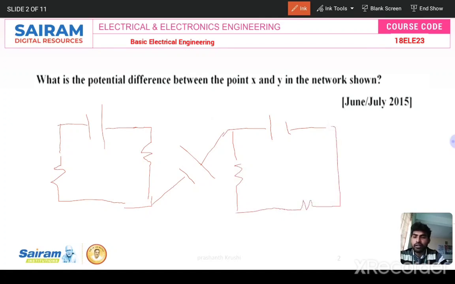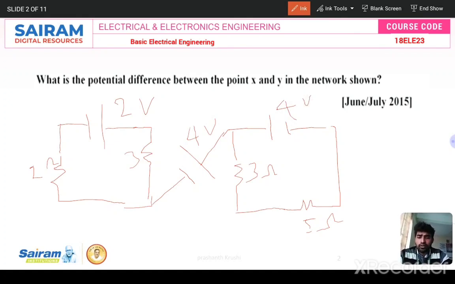The values are given like this: this is 2 volts, and here 2 ohm resistance, and here 3 ohm resistance. Here 4 volts, and similarly 3 ohm resistance, and here 5 ohm resistance, here 4 volts. This is the circuit diagram we need to solve now.